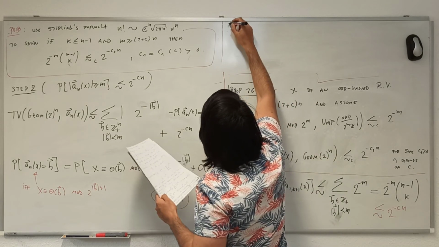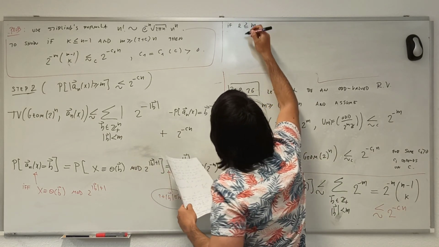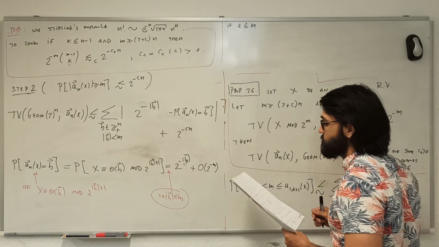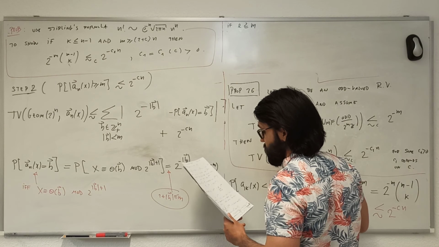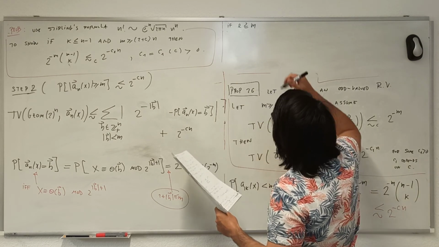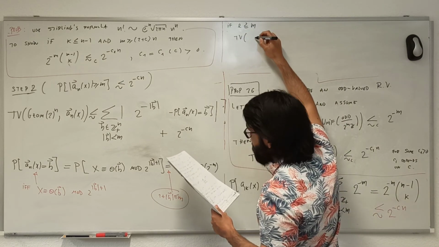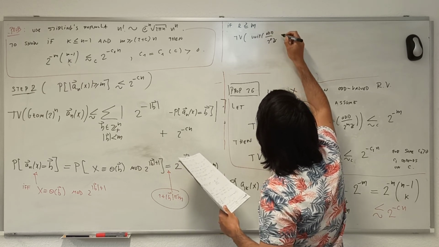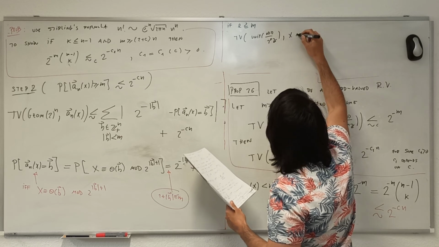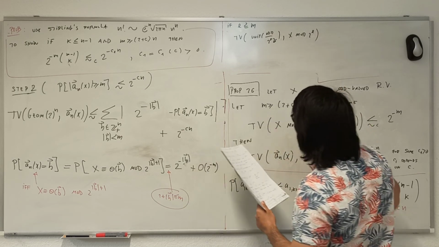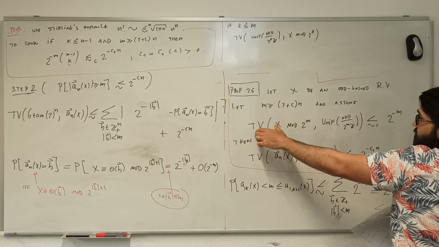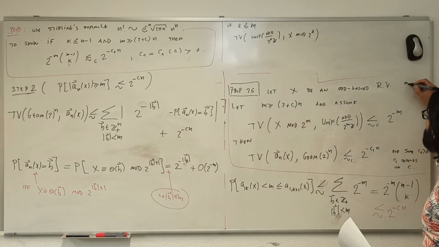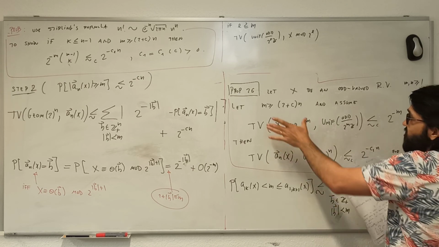So basically if L is less or equal than M, so L will play the role of 1 plus the modulus of B. So yes, if L is that, then the total variation of uniform on 2 to the L Z with X mod 2 to the L. So observe that the assumption in the proposition is that we just have two numbers m and n greater or equal than 1 satisfying this.